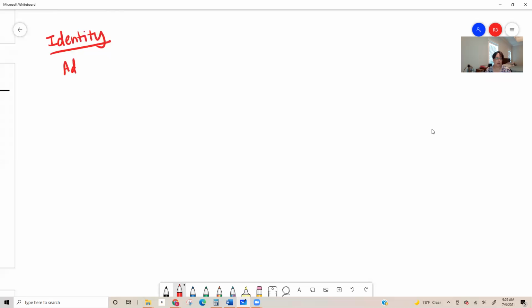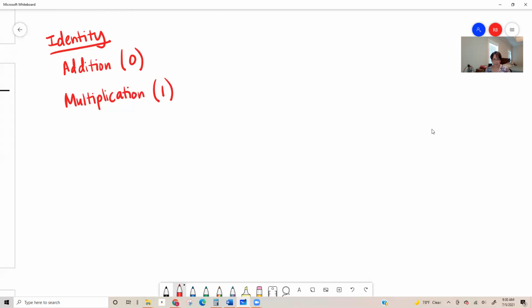When we talk about addition with identity, the key number here is 0. And when you talk about multiplication, the key number is 1. So 0 and 1 are two very famous numbers in math. And the reason is because we can disguise 0 and 1 in a lot of different ways. I'll show you kind of what that means.